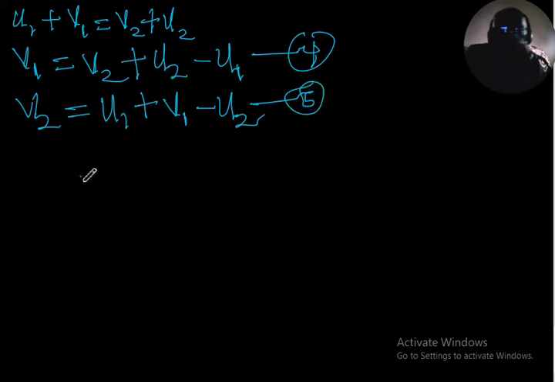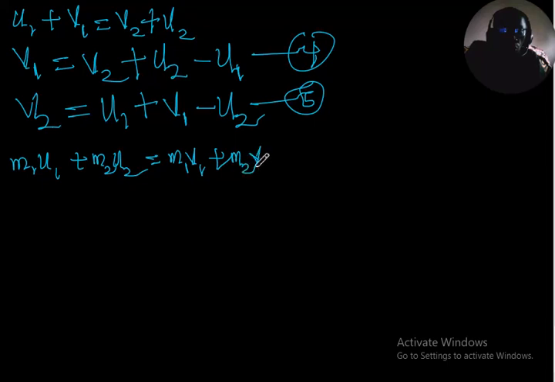To proceed to the second part of the question, I need to put the values of equations 4 and 5 into the principle of conservation of linear momentum. And what is the principle of conservation of linear momentum? m1 u1 plus m2 u2 equals m1 v1 plus m2 v2. So this is the equation that we need now.